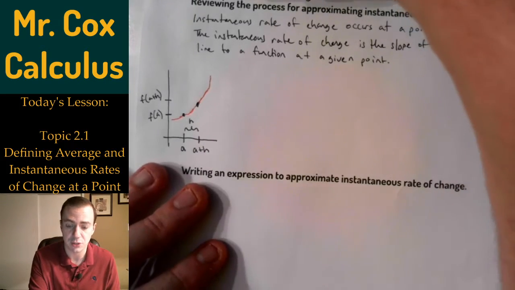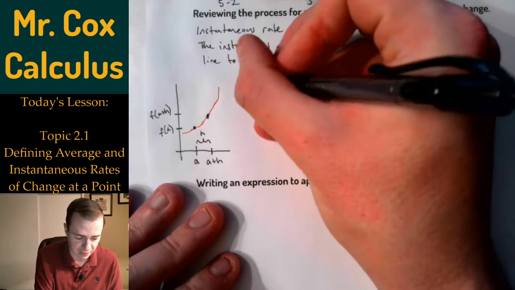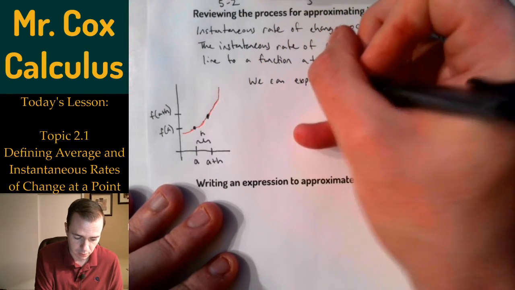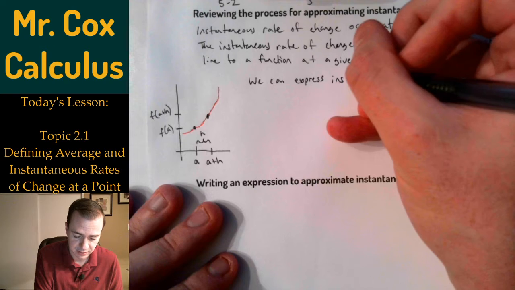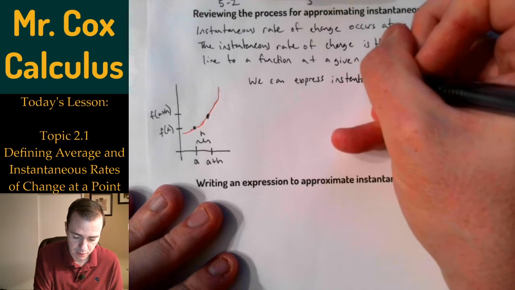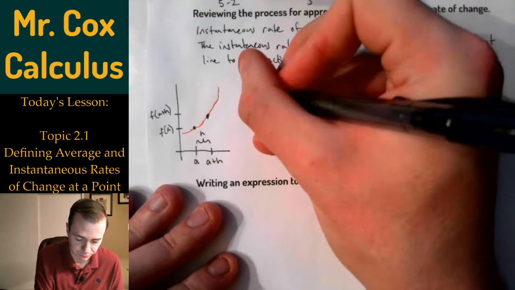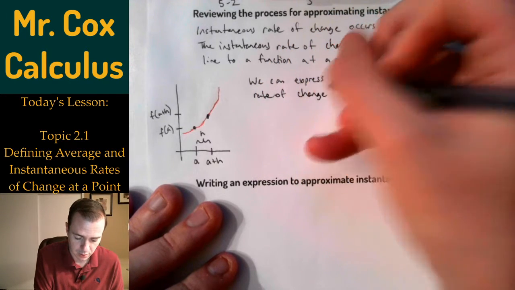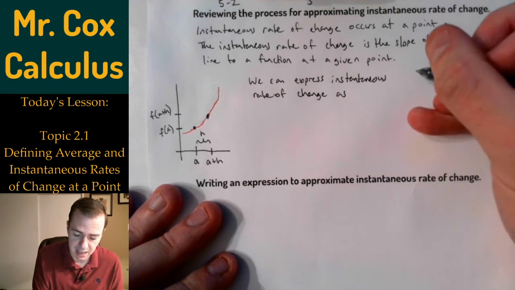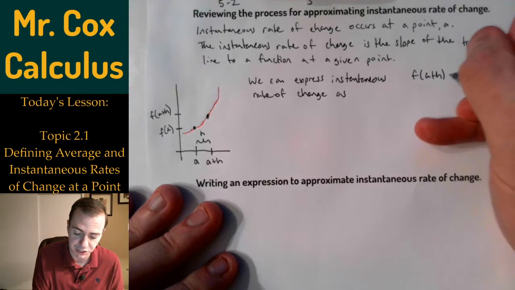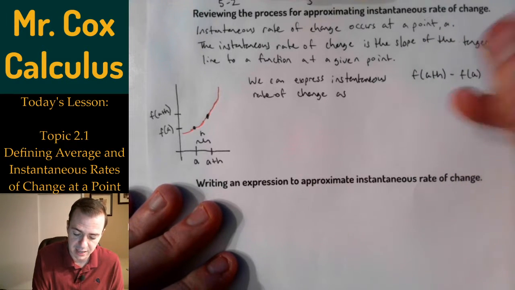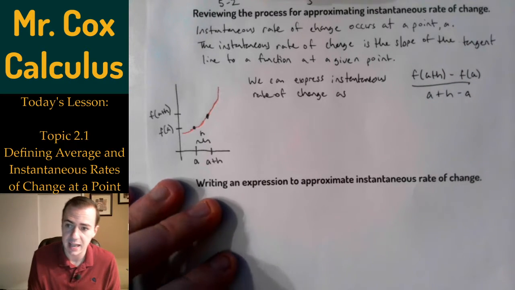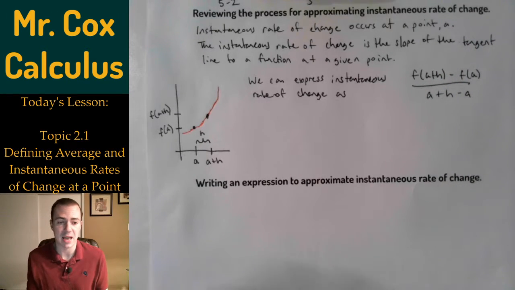And so what we can do is express instantaneous rate of change as f of a plus h minus f of a, over a plus h minus a. And that's what you were doing back in topic 1.